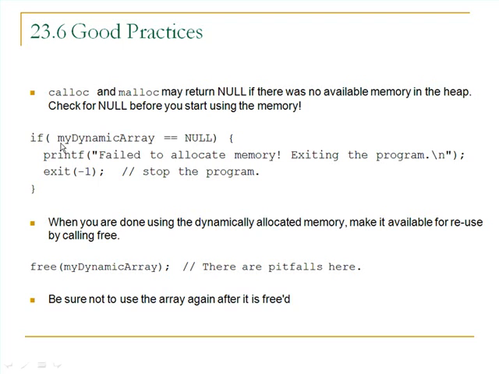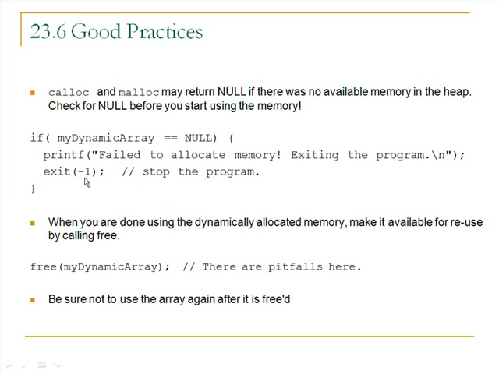So here's an example. Whatever address was returned from malloc and calloc, we assigned to this variable, and we check that address to be null. If the address is null, then calloc and malloc, whichever one we used, failed, and we should get out of the program somehow.